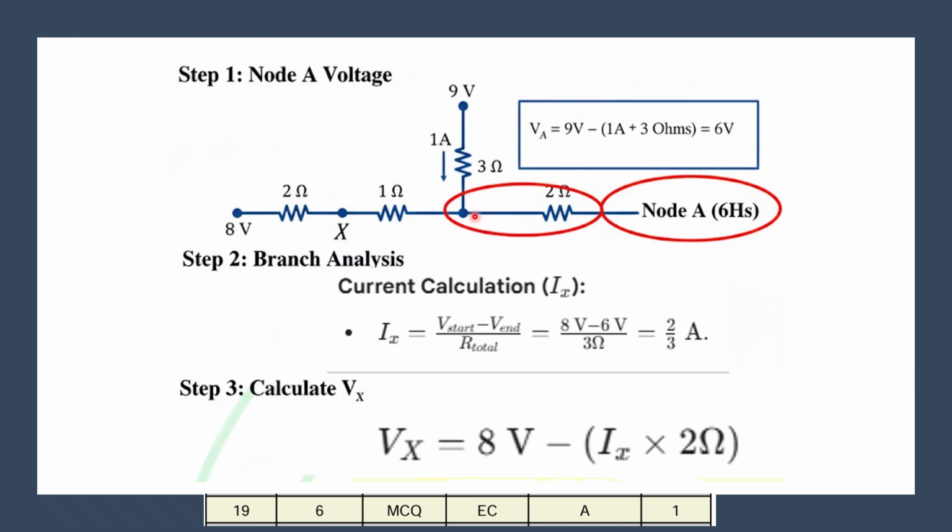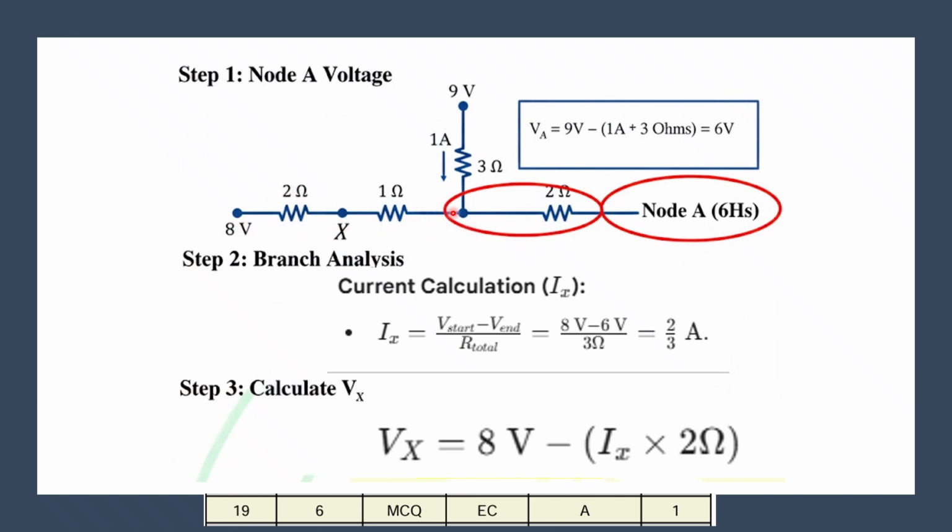So 6 volts is at this point and 8 volts is at this point. So definitely your current is flowing in this direction, that is why the voltage is lesser at this point, right? Higher potential to lower potential. Now, current is flowing in this direction, so how will we find the voltage at this point? First we find the current flowing in this circuit.